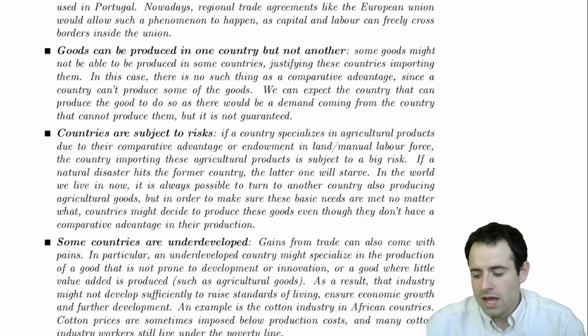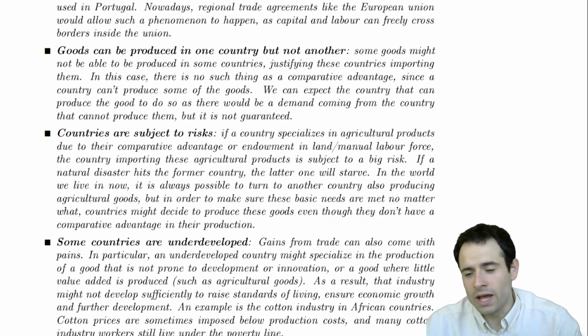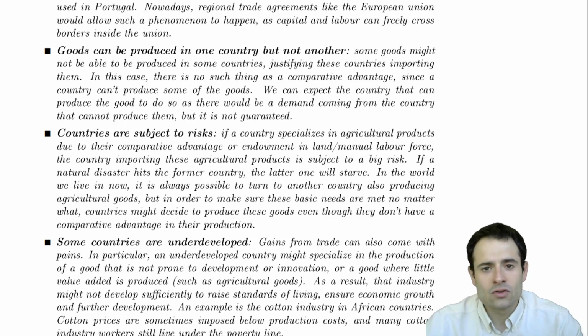So, if you rely on another country to provide the goods that you need, there is a risk that that country is not able to provide those goods. There could be a natural disaster, or simply that country might decide to sell their goods to another country than yours.